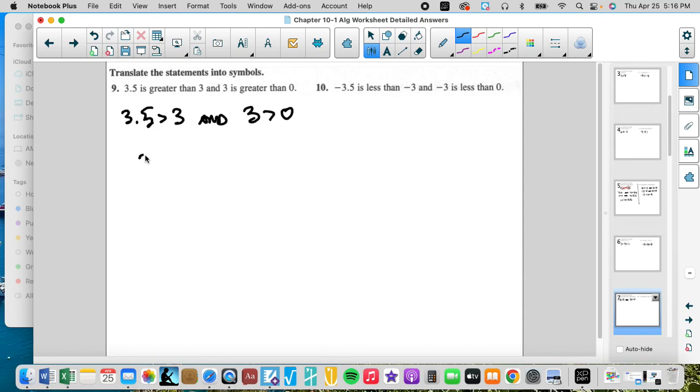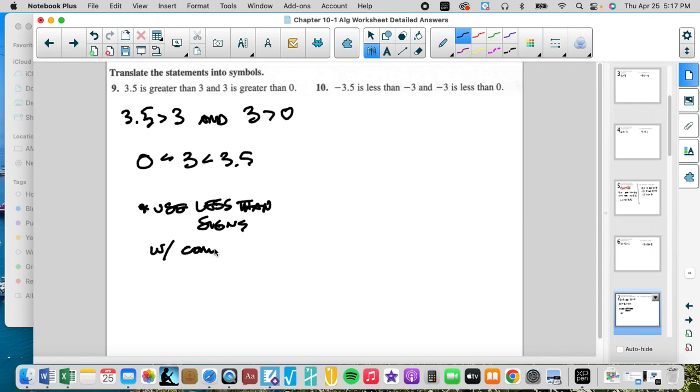So we would always use less than signs in compound inequalities. Reminder there, use less than signs with compound inequalities. Just a little note. And the other way you can know is they need to be in numerical order.